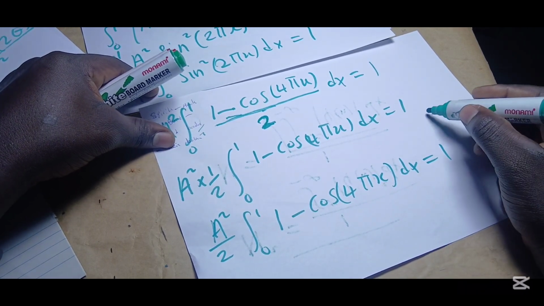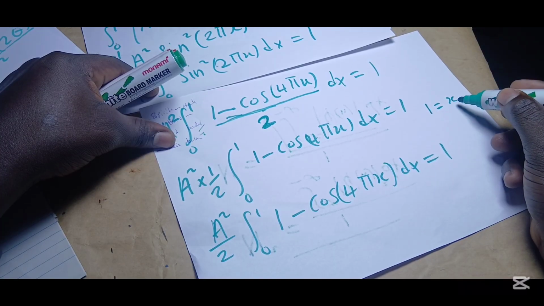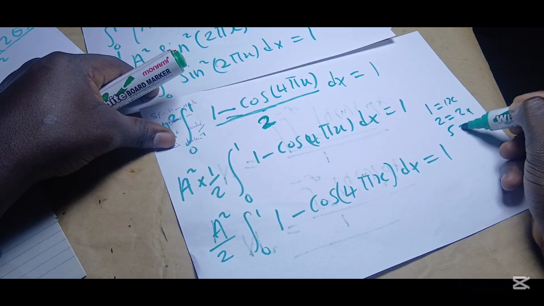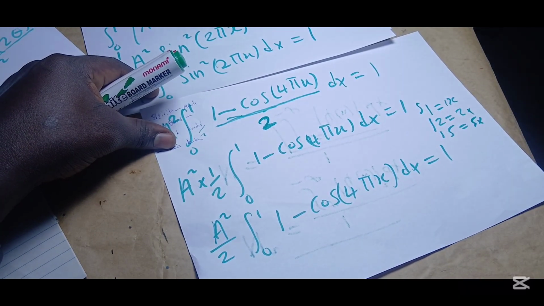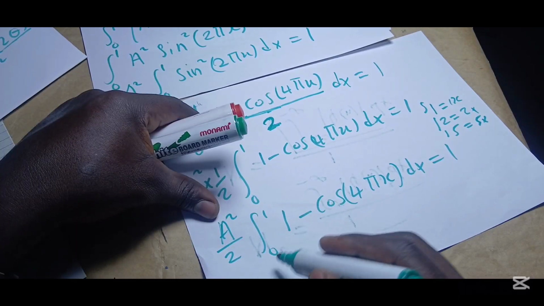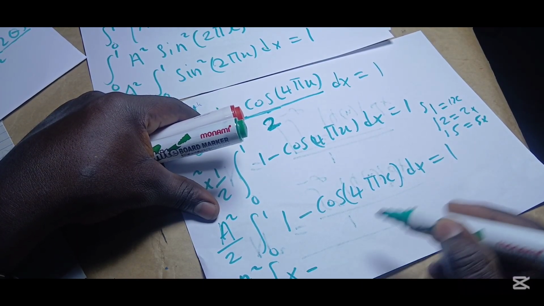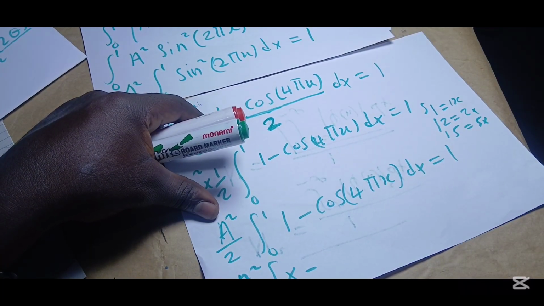If we integrate a constant, let's say integrating 1 is going to give you x, 2 is going to give you 2x, 5 is going to give you 5x. That is if you are integrating. So integrating 1 gives us x minus. So integrating cos 4 pi x, what do we get?